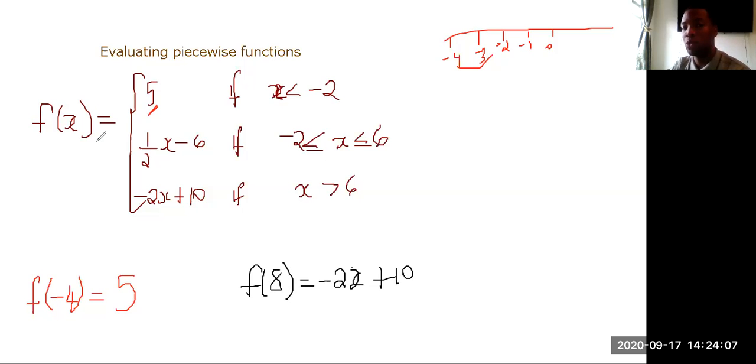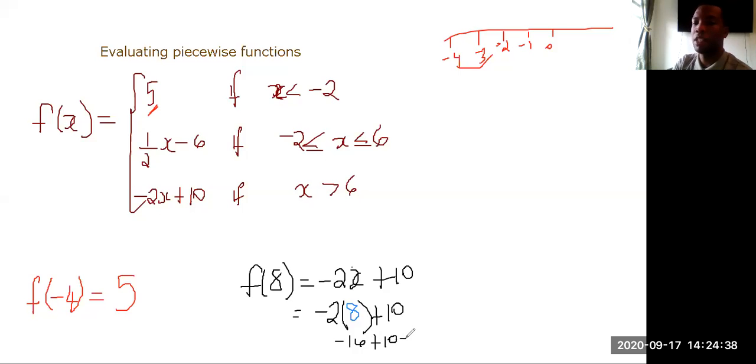So it's f of x normally, but they're saying f of 8. Wherever x is, I'm going to put 8. So it's -2 times 8 plus 10. And -2 times a positive 8 is -16 plus 10.